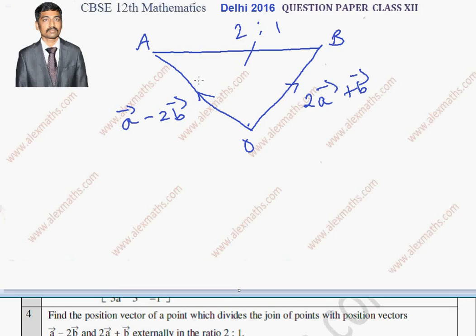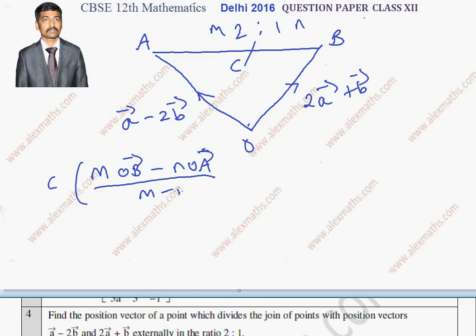So the formula is, suppose this is the point C. According to the formula, suppose this is the ratio m is to n, so m OB vector minus n OA vector whole divided by m minus n. Since it is externally, I have to put minus sign. In the diagram I am marking it, but in the formula it is a minus sign.